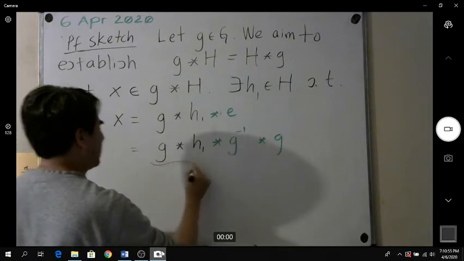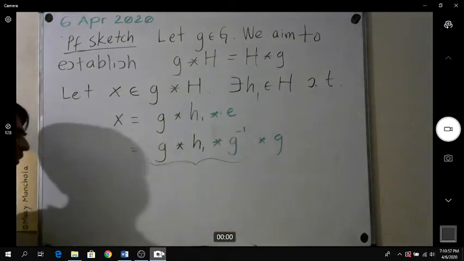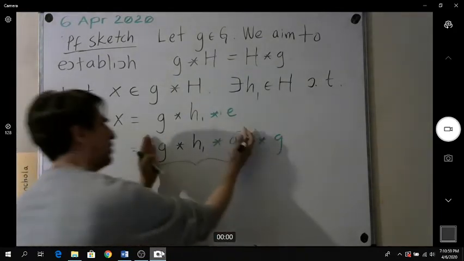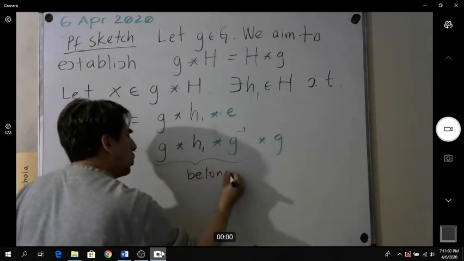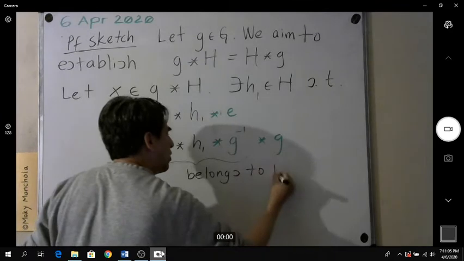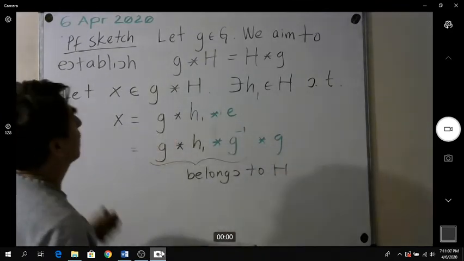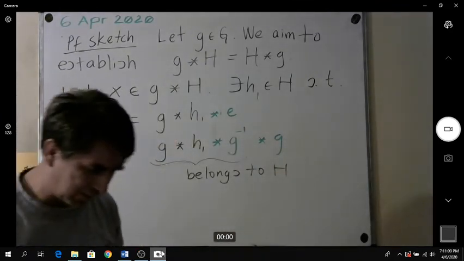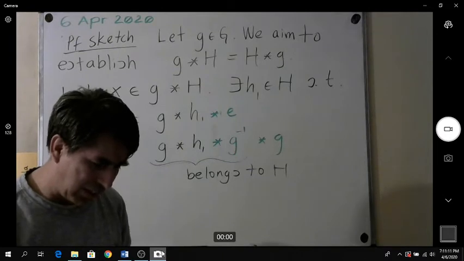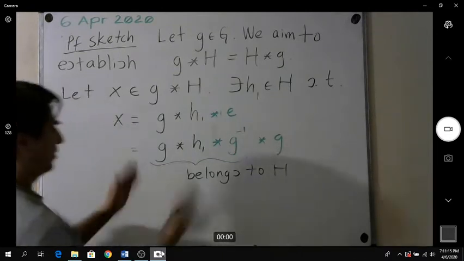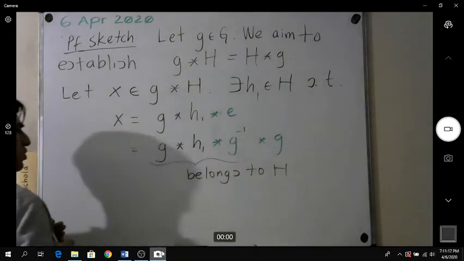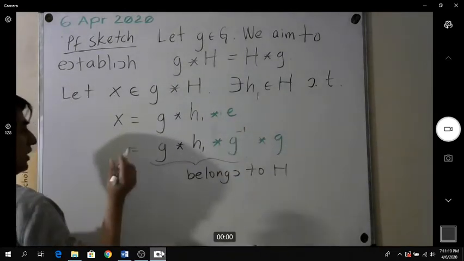Where is this expression? This expression belongs to H because of the hypothesis. Our hypothesis says that g inverse belongs to H for all g and h. So this guy belongs to H. So we can call it h2.